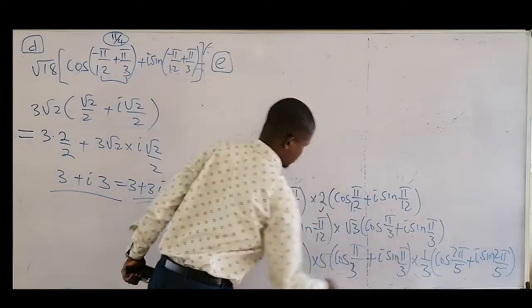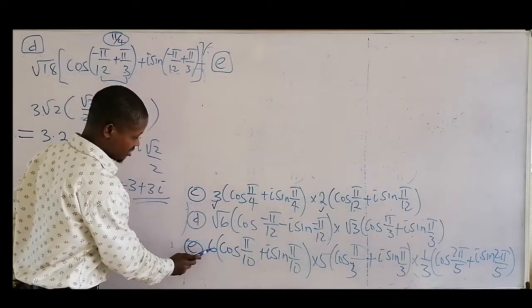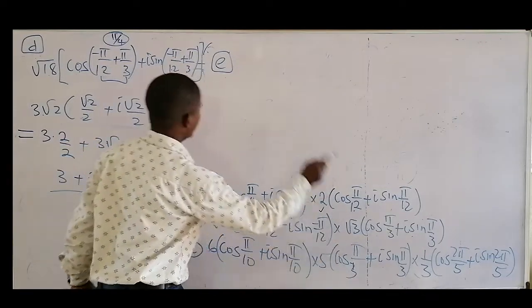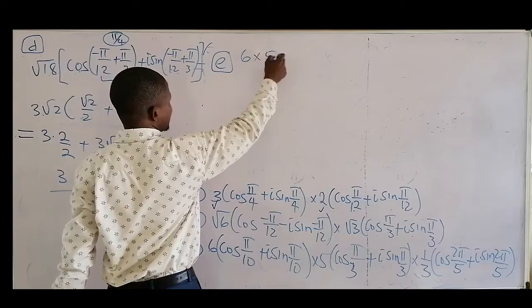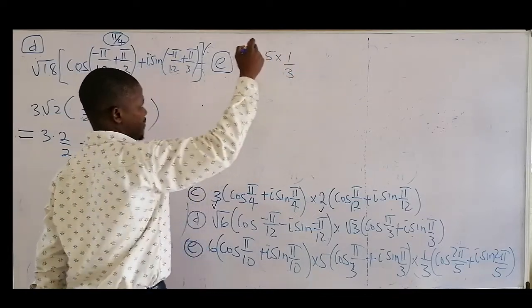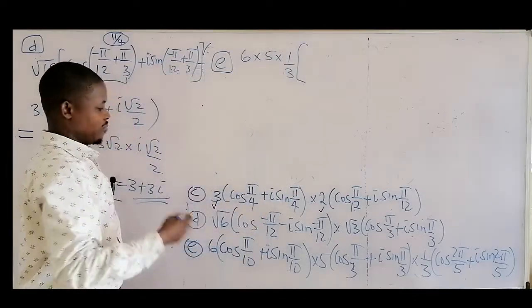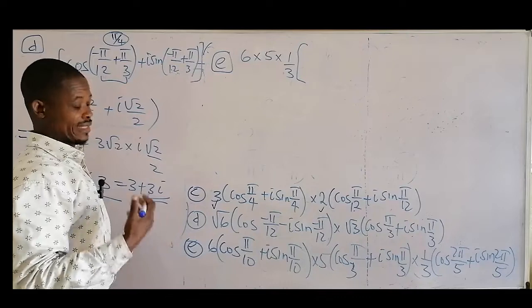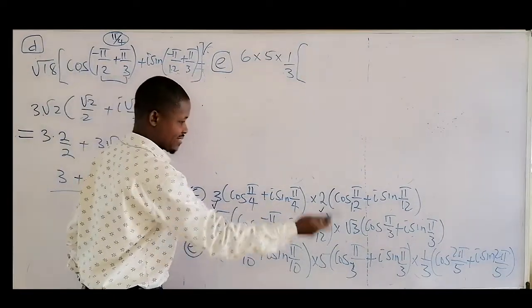The E part, we have this one, this one, and this one. The first thing we do is multiply the moduli: 6 times 5 times 1 over 3. That's the first thing to do there. Then you can open your brackets. You can multiply as many complex numbers as possible. They are both cos, sine, cosine, sine.